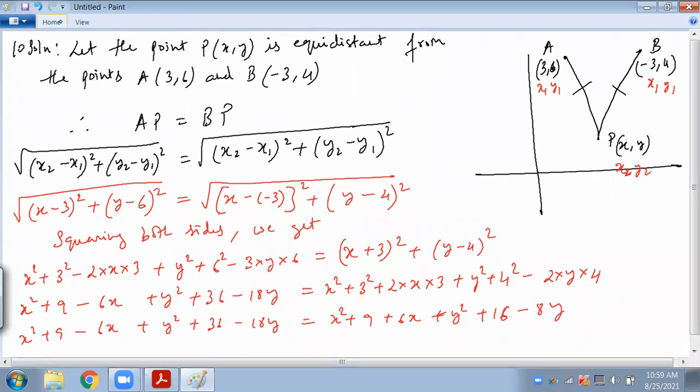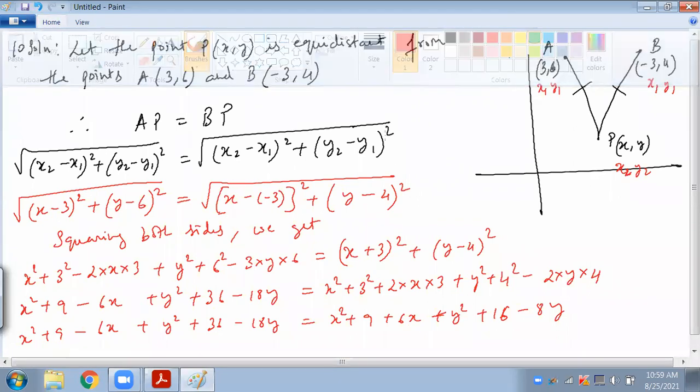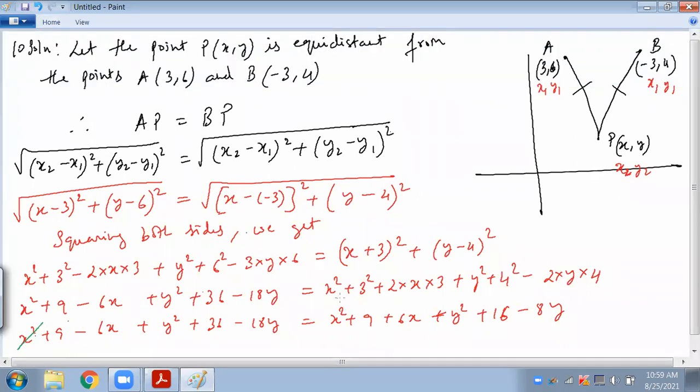Now we can cut. The same thing with the same sign on both sides, you can cut it. Again, we can cut y square. Minus 6x and plus 6x we cannot cut because the signs are not the same.